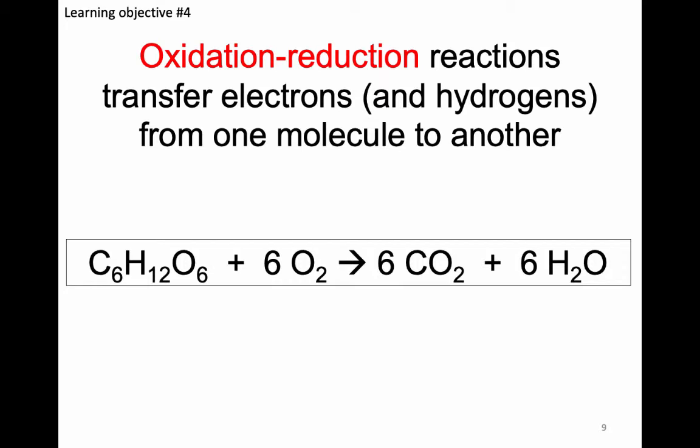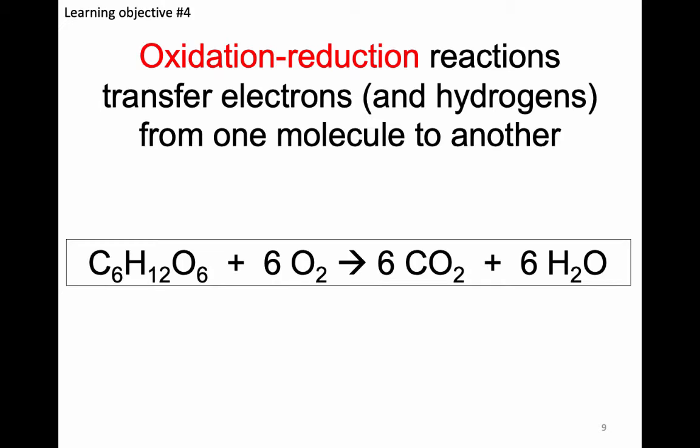Tracking electrons is something chemists are very good at doing. In biology, we're going to track the electron movement by watching where hydrogens go. In this equation, we have glucose with 12 hydrogens, which will be converted in product form to carbon dioxide, which has no hydrogens. The electrons and hydrogens move together, so going from glucose to carbon dioxide, we have a loss of hydrogens.